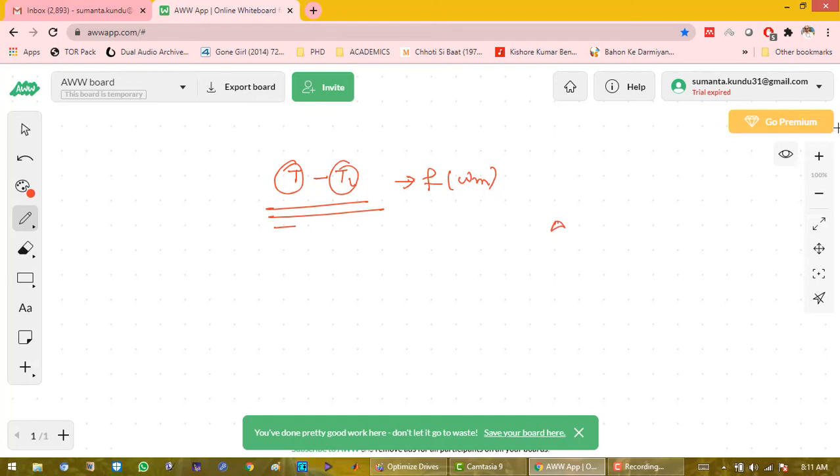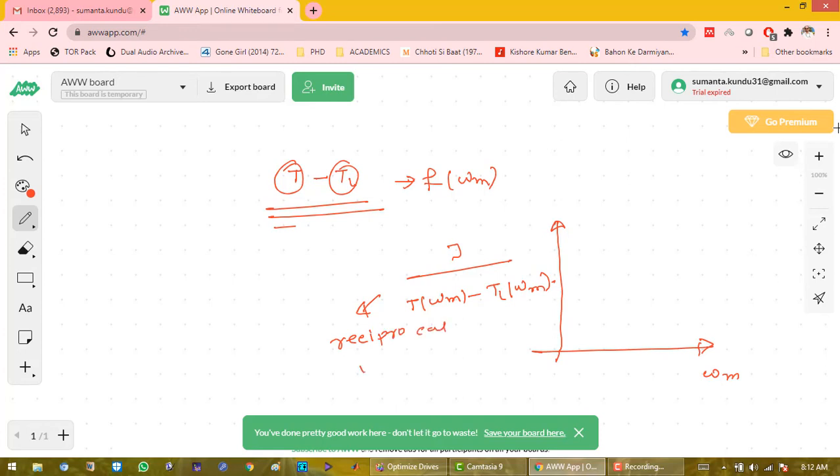We just plot speed versus the reciprocal of acceleration, that is J by (T of omega m minus TL of omega m). This is basically the reciprocal of acceleration.